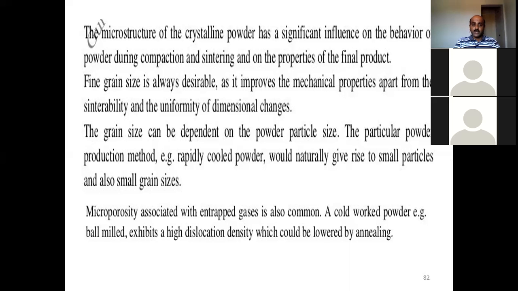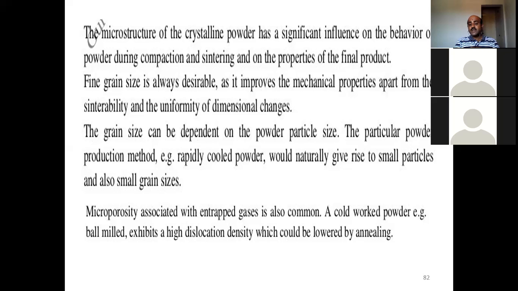The grain size can be dependent on the powder particle size. A particular powder production method, such as rapid cooling, would naturally give rise to small particles and also small grain sizes.